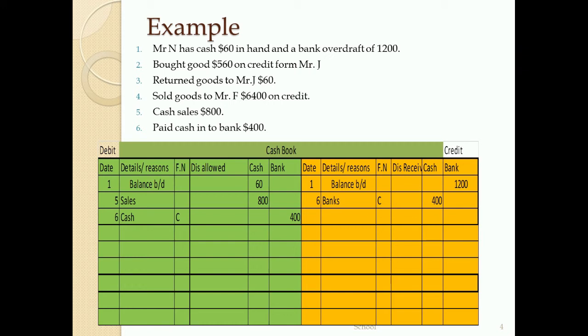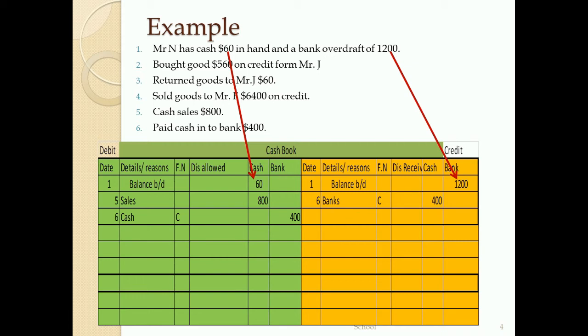So first transaction, that is Mr. N has cash. Cash is your asset. You have to place it on your cash column, and in detail you should write that it is balance brought down. And on the same day you have bank overdraft as well, so you have to record the 1200 on the credit side of your bank account, and that is your balance brought down.